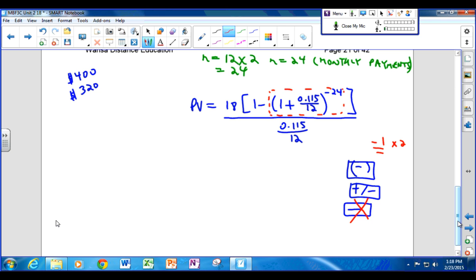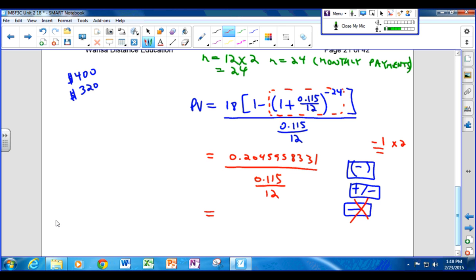That would work. Okay, so what I have now is 0.20459583331 over whatever's in the bottom here, 0.115 over 12.